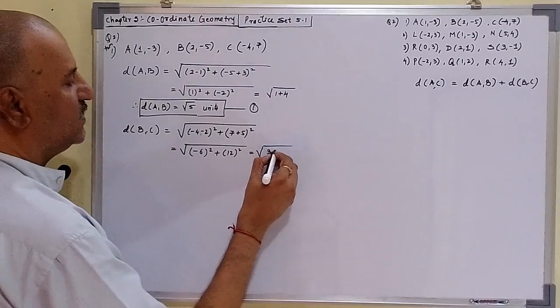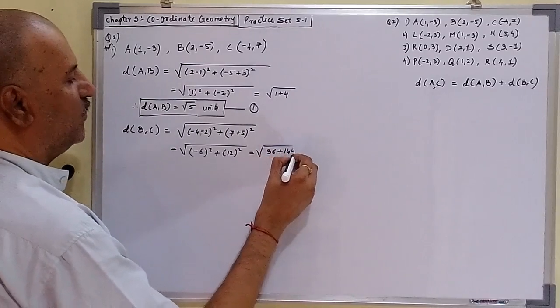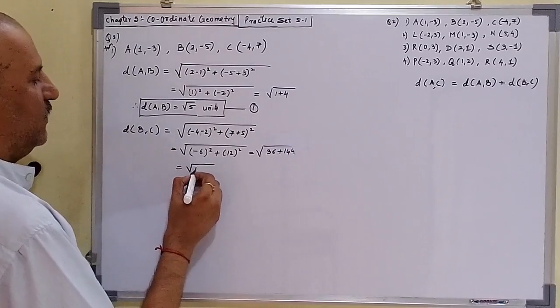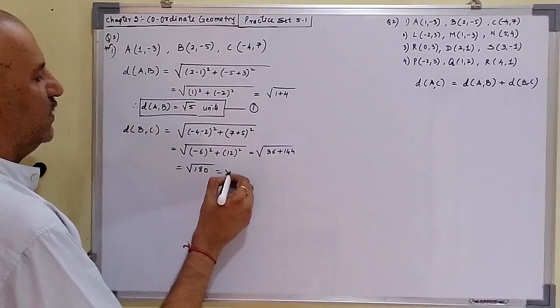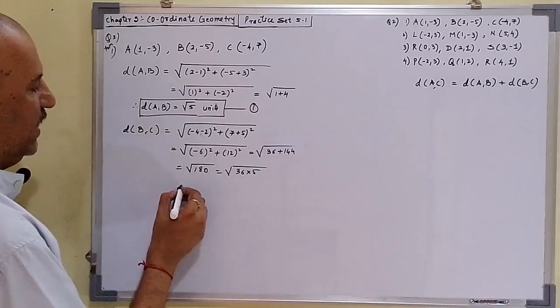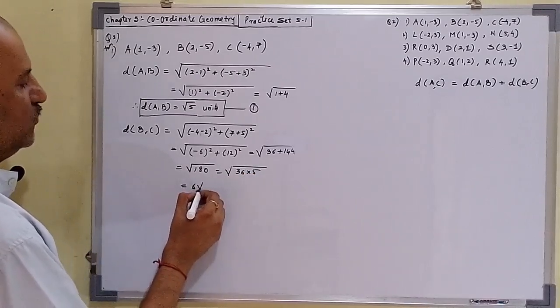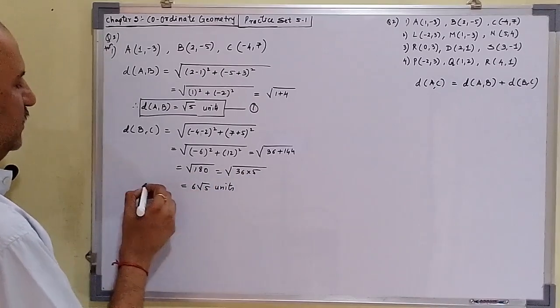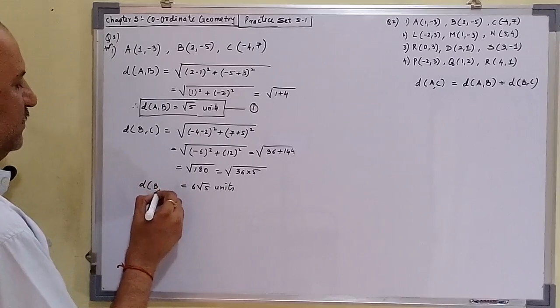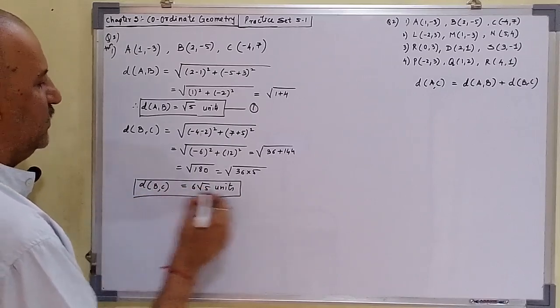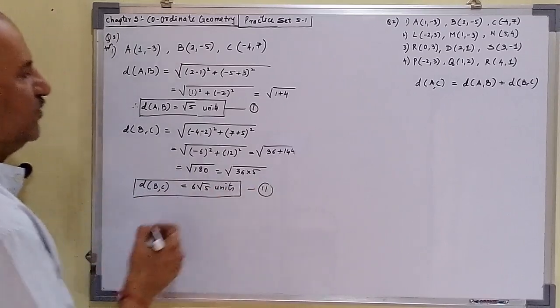So this will be 36 plus 144, which is 180. That is nothing but 36 into 5. So you will get 6 root 5 units. This is your distance BC. This is your second equation.